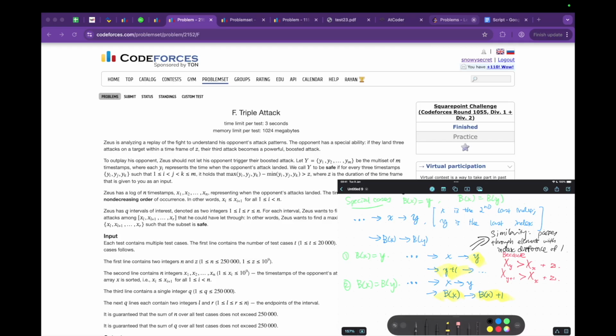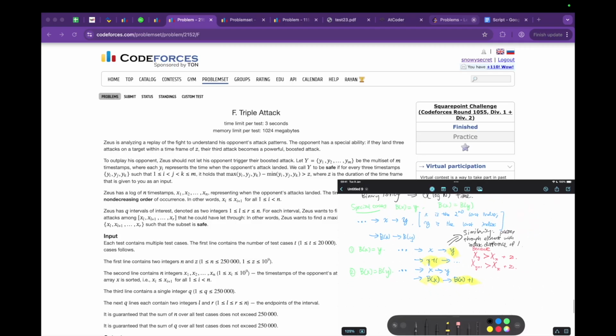So y and y plus 1 are just one index apart, and bx and bx plus 1 are similarly also one index apart. This prompts us to arrive at an algorithm that is based on these pairs of elements with index difference of 1. So how can we make use of them?